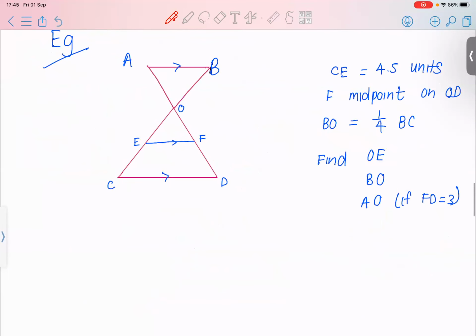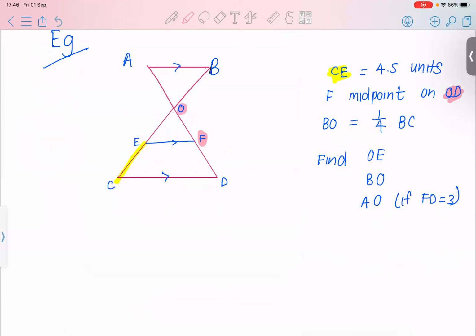Okay, now let's look at the following example that I prepared. So we have a triangle. Well, we have multiple triangles in here, as you can see. But in particular, in this diagram, we are told that CE is 4.5 units long. We are told that F is the midpoint on OD.